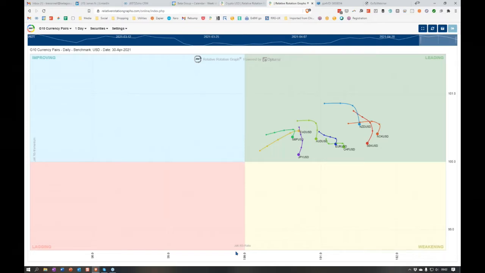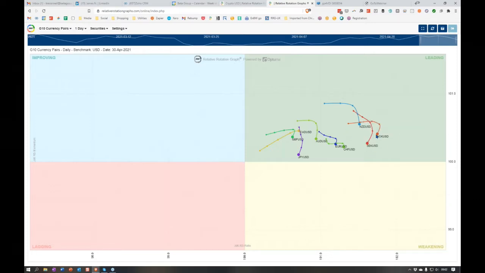Right. So we're going to start with the currencies, and again, I will start with the relative rotation graph of the G10 currencies. Those of you that are regulars will know that anything on the right of this vertical line is outperforming the dollar, and anything above the horizontal 100 line is with positive momentum.